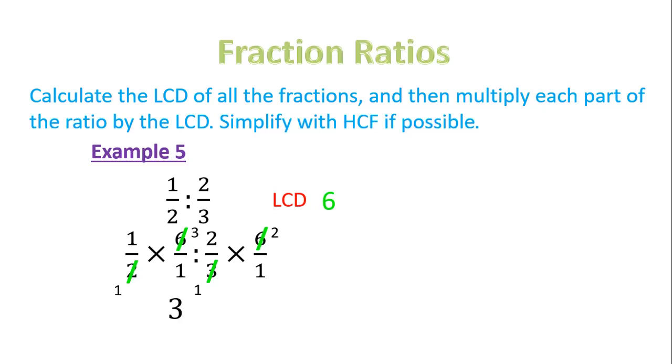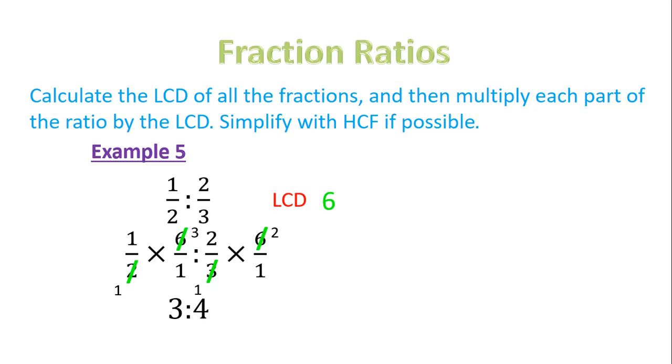So we have our new ratio 3 to 4. Now we check 3 and 4. What is my highest common factor? It's just 1, and so I can't simplify any further. A half to 2/3 fully simplified is 3 to 4.